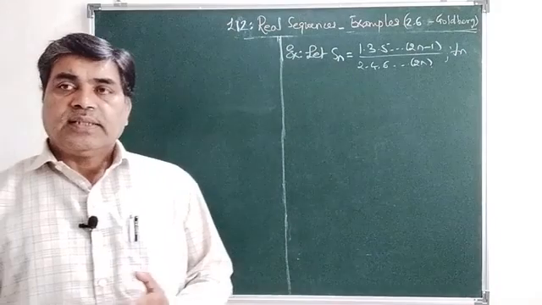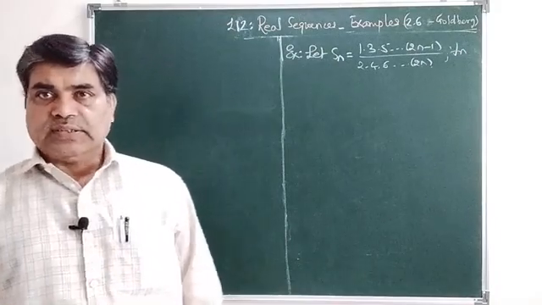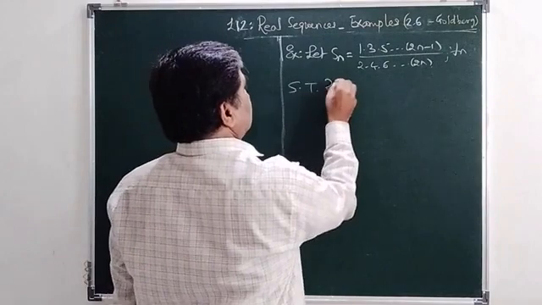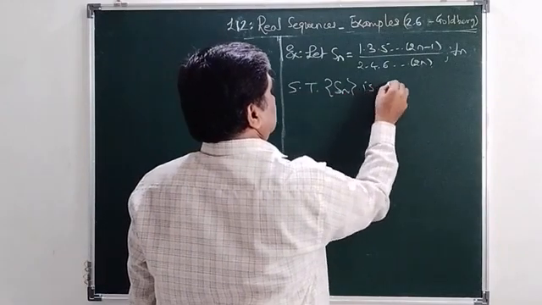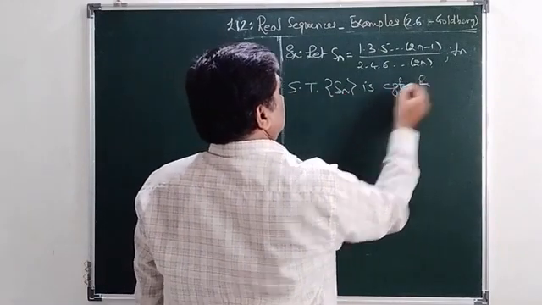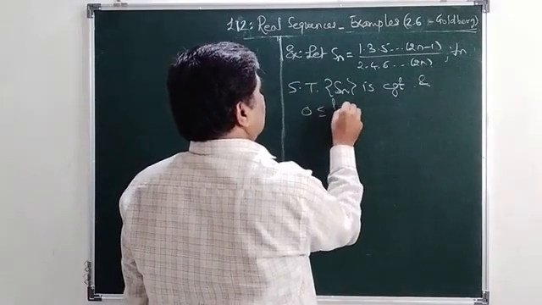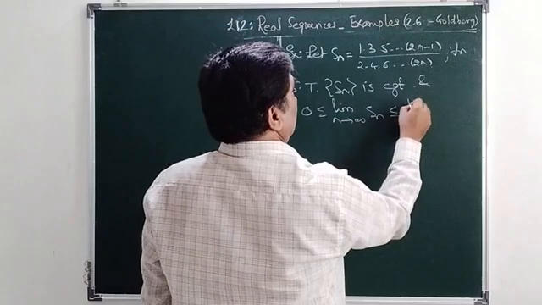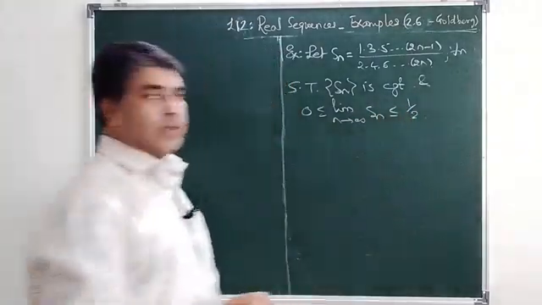Then show that Sn is a convergent sequence, and 0 is less than or equal to the limit of Sn, which is less than or equal to half.